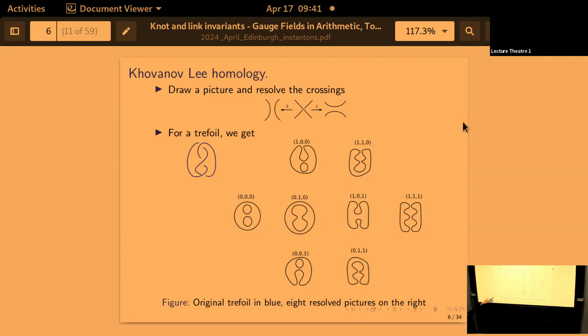That means you replace the crossing with either this or this. If you have n crossings, then there are 2 to the n replacements, and you arrange them in a cube, starting with the 0 resolution on the left, the 1 resolution on the right, and the all ones, and then for each one it's zeros or ones.